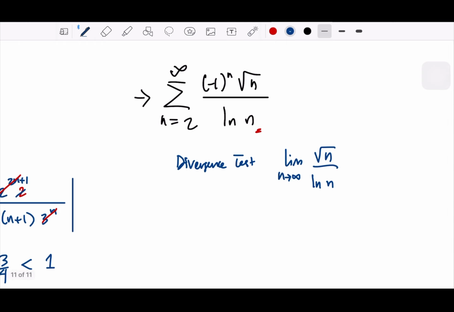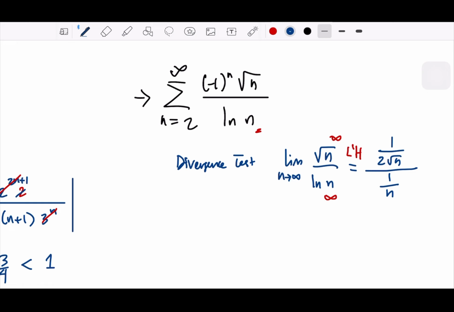Okay, we will see how it goes, and take the limit, and you see that it's going to be infinity over infinity. It's an indeterminate form in which we can use L'Hopital's rule.